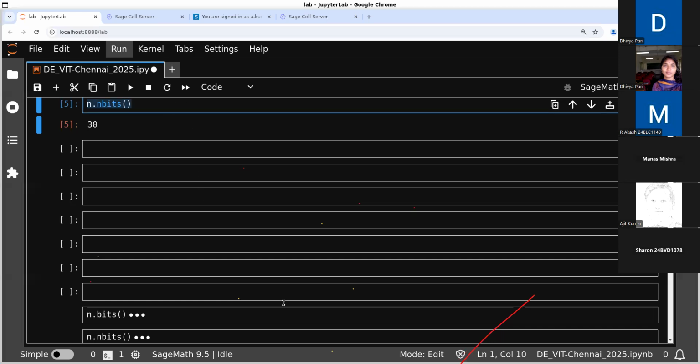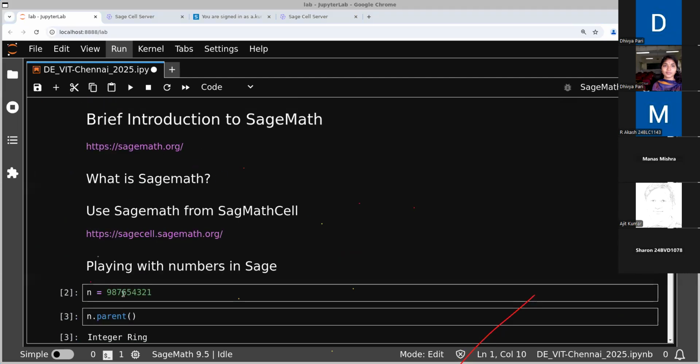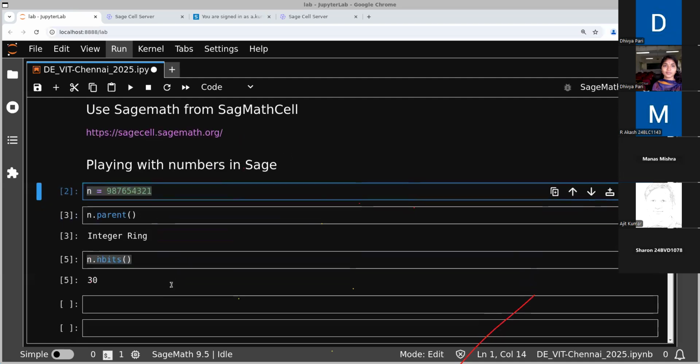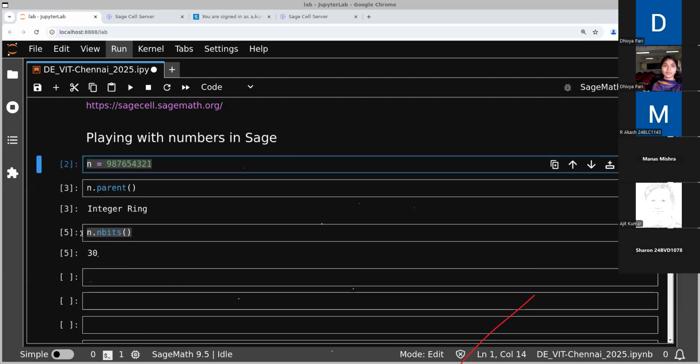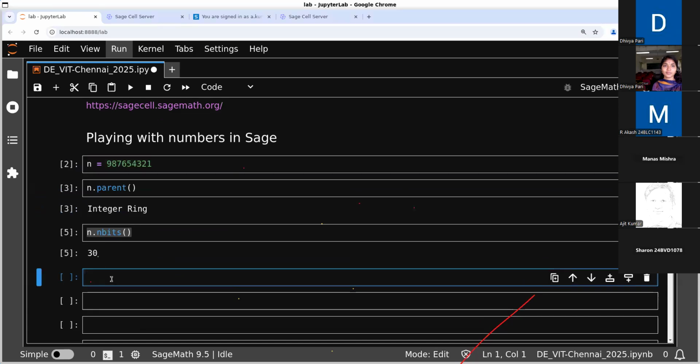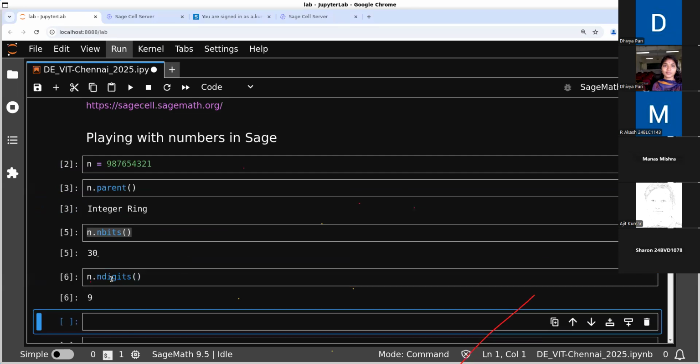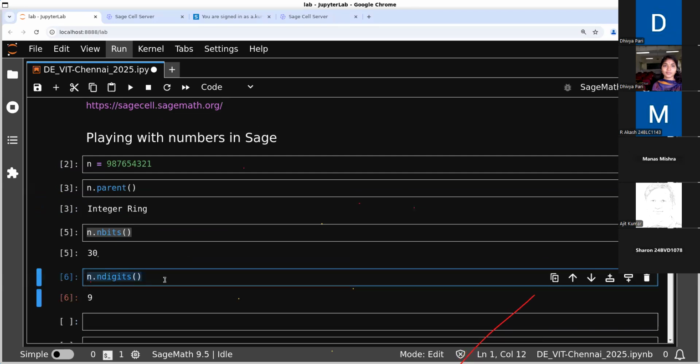So it tells me, let me also copy this, it has 30 bits, right? Number of bits in this integer is 30, right? So for example, we can even find out how many digits, n dot digits, right? Though I'm typing it here, this has 9 digits, right? So very easily you can find out all these things.